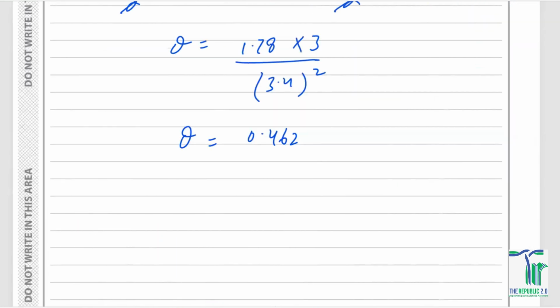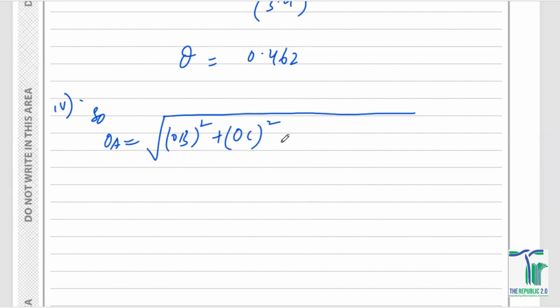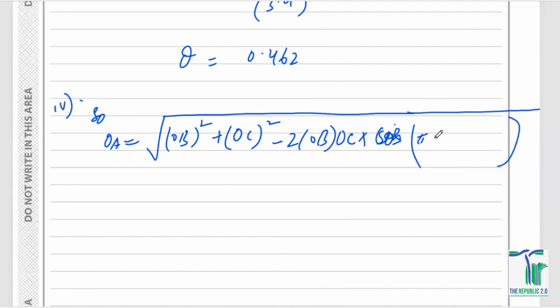So if I'm looking for the perimeter in the fourth part, the first thing to do is calculate OA. OA squared has to be OB square plus OC square minus 2 times OB times OC times cosine of the angle between the two sides, which was pi minus pi by 6 minus 2.034.